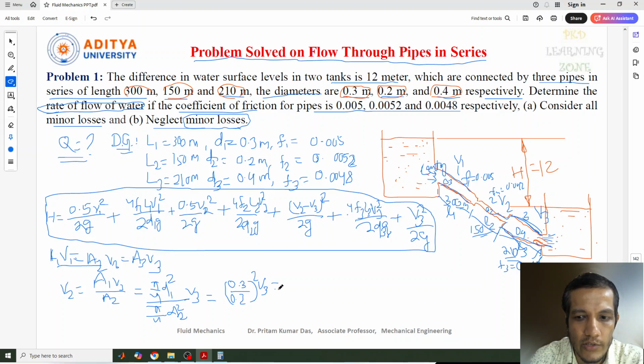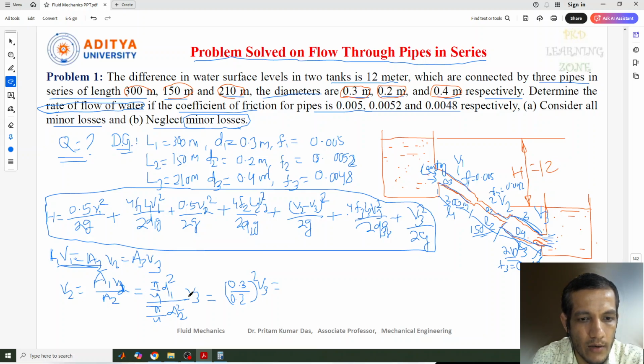Okay, so V2 in terms of V1: V2 equals A1 V1 by A2.